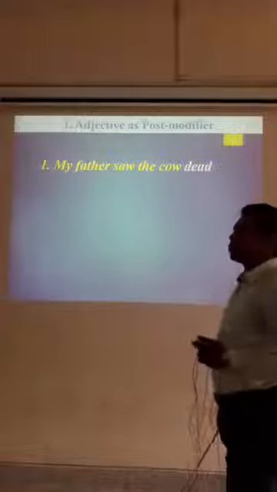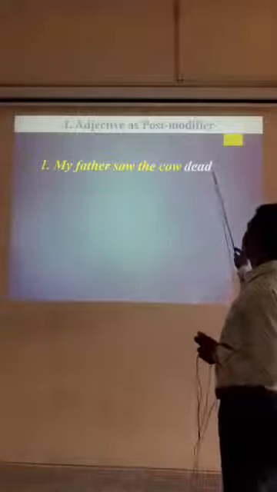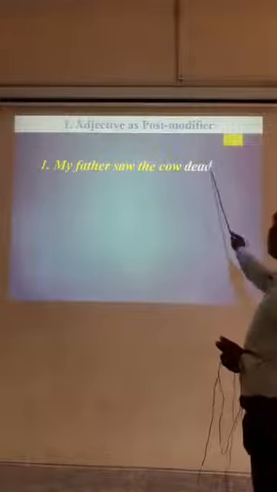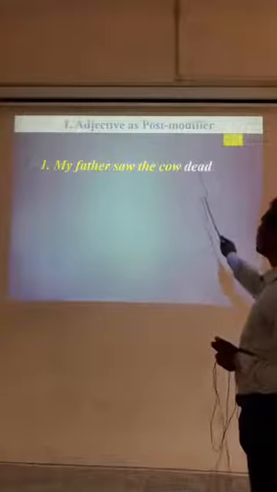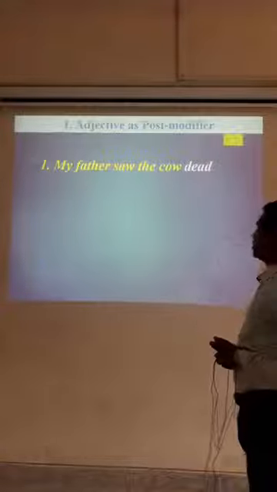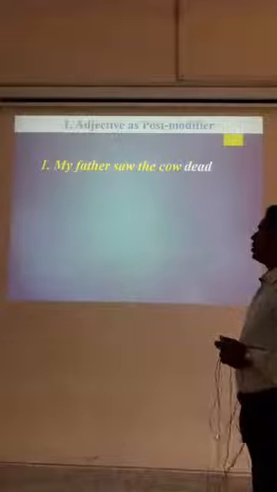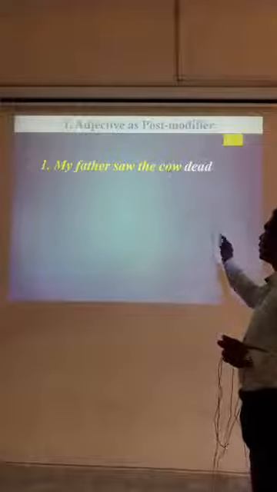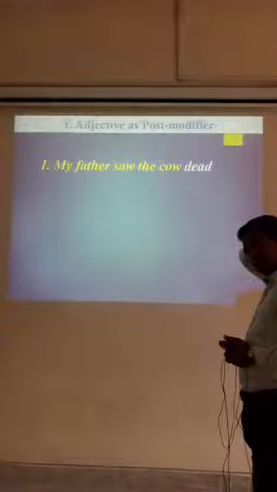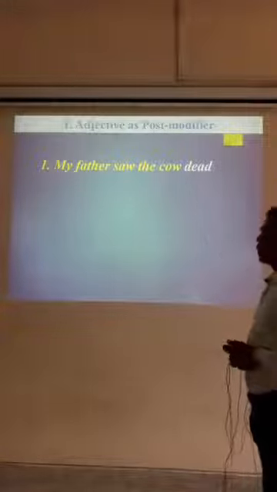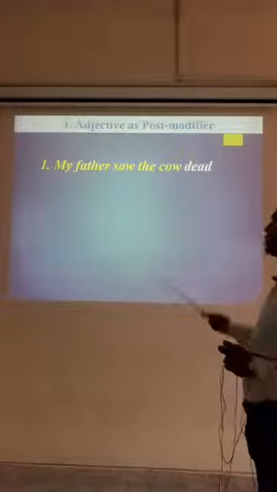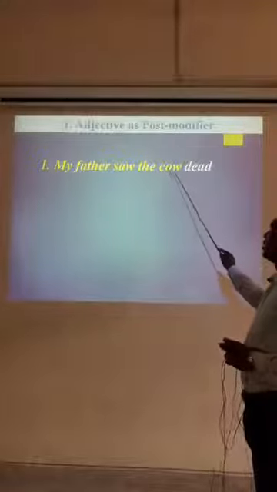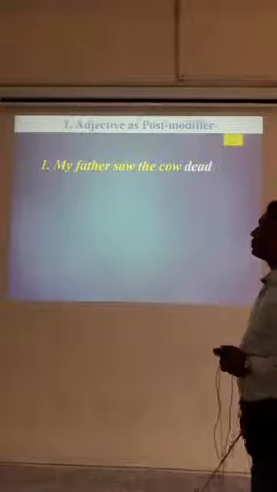The condition of the cow has been described by the word dead. Dead is an adjective, and it is used after the cow and says something about the cow, indicating the condition of the cow. So it is a post modifier of the word cow.